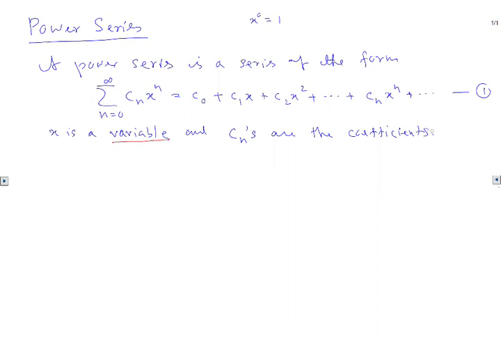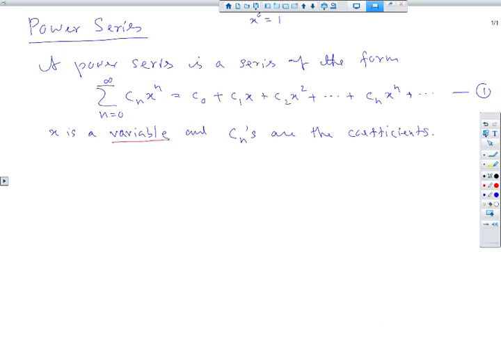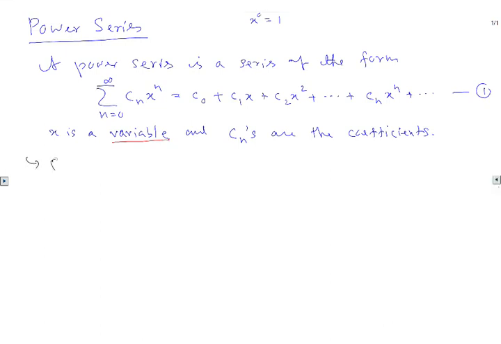And then you can see that for each fixed x, x is just a number after that. If you fix x, it's just a number. Once you plug it in, you just get a bunch of terms and you add them. So it's just a regular series, right? Just a regular series.